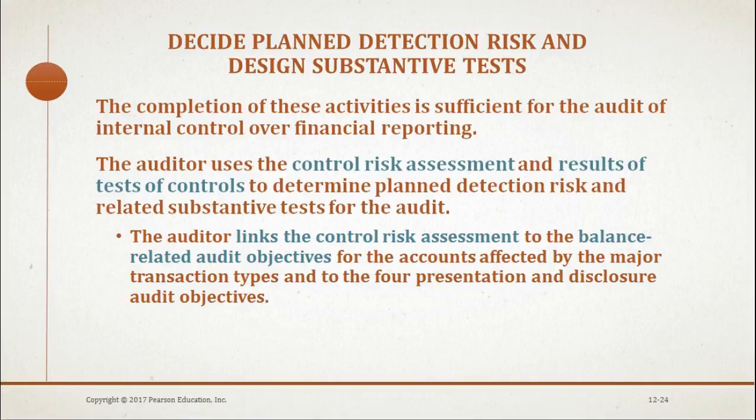The auditor uses the control risk assessment and the results of test of controls to determine planned detection risks and related substantive tests for the audit. The auditor links the control risk assessment to the balance-related audit objectives for the accounts affected by the major transaction types and to the 4 presentation and disclosure audit objectives.